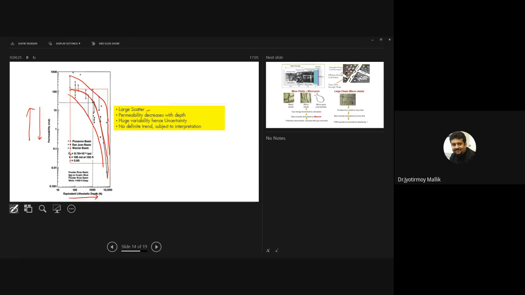So what essentially happens is, suppose I draw a cleat, suppose this part is my cleat's aperture, the open space of the cleat. With depth, what would happen?